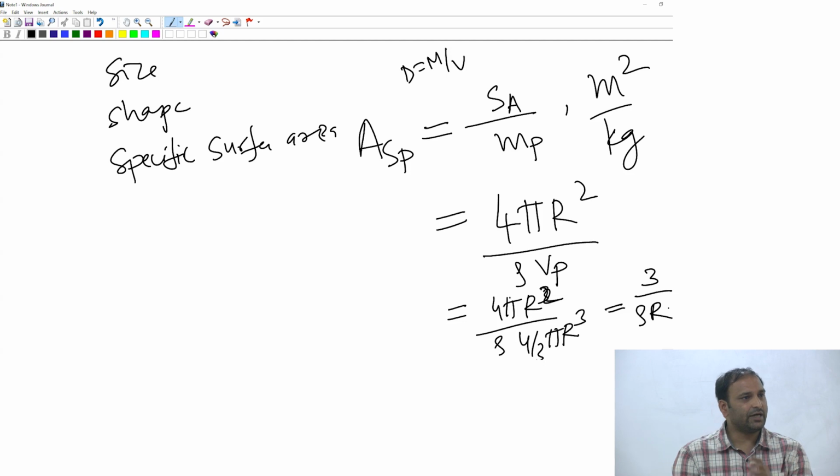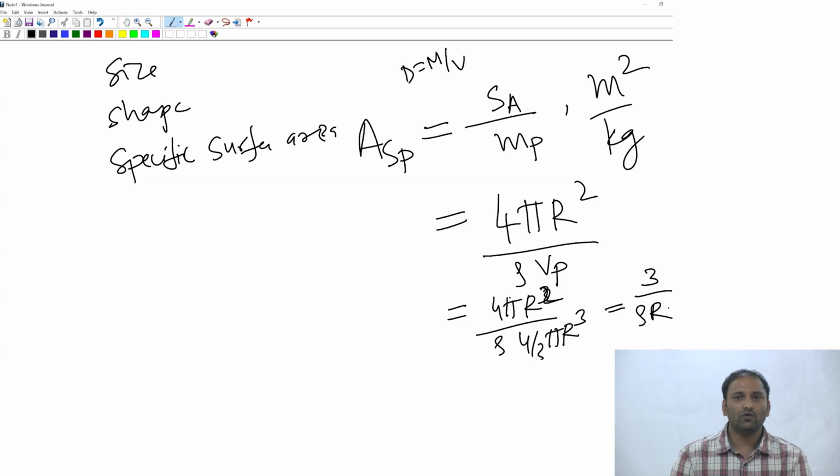So this specific surface area is an important quantity, because when people are working with any surface reactions or anything that involves surfaces, what is of real interest is the total surface area that is available for any process. For example, if you look at surface reactions or adsorption and things like that, what is really important is, given a certain mass of material, what is the total surface area available.